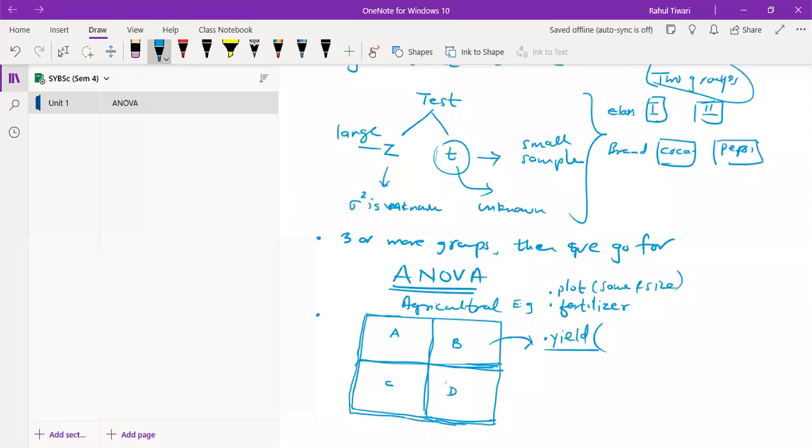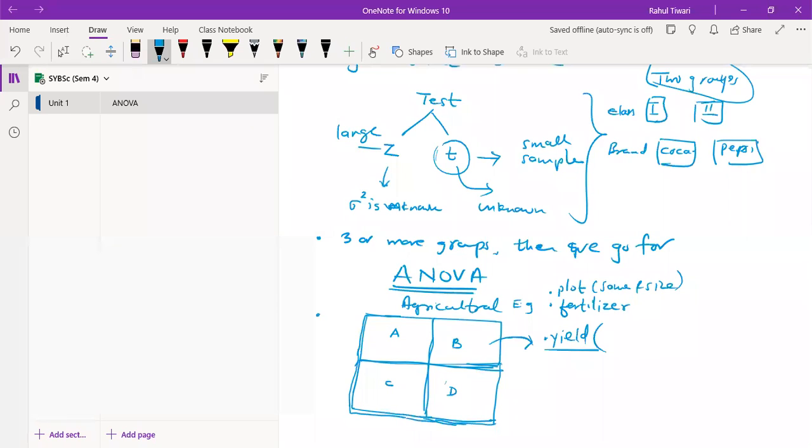Drinking amount will be considered, like 5 ml, 10 ml, 20 ml. They will say we drink 20 ml, 30 ml. That is basically called yield. Whatever we get from that particular category in the experiment is called yield.